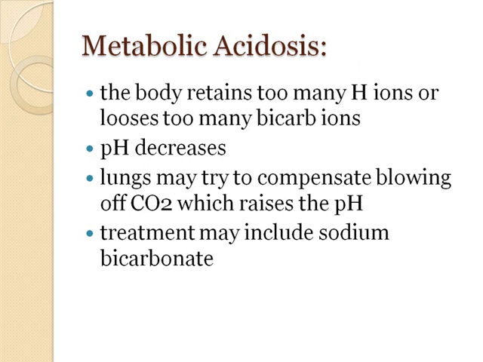With metabolic acidosis, we have too many hydrogen ions, or we've lost too many bicarbonate ions. The pH is going to be less than 7.35, and the lungs will try to compensate by blowing off CO2, which will increase the pH. Treatment may include sodium bicarb.